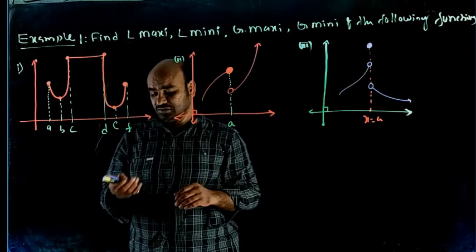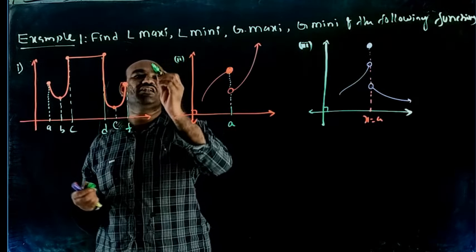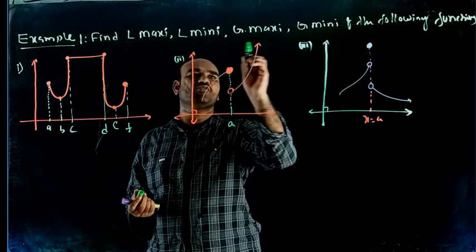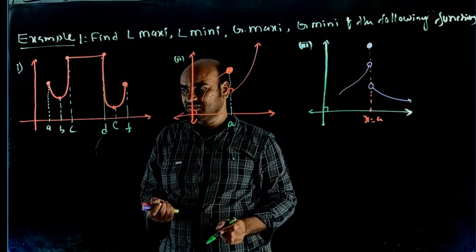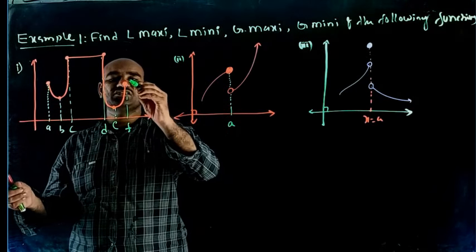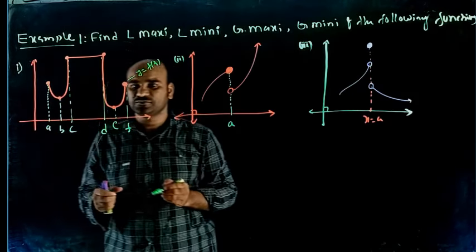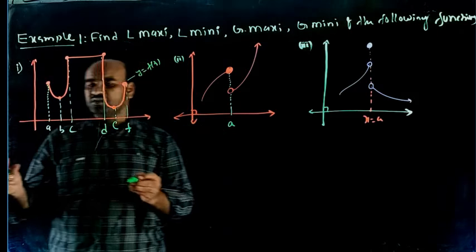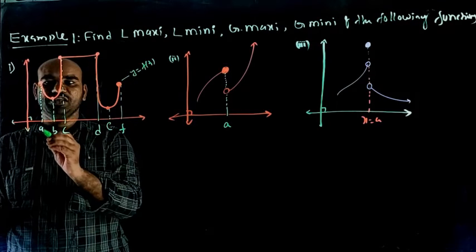Okay, students. Some example problems, simple problems. Find the local maxima, local minima, global maxima, global minima of the following functions. This is y is equal to f of x. A function is given. This is its graph. Observe here.